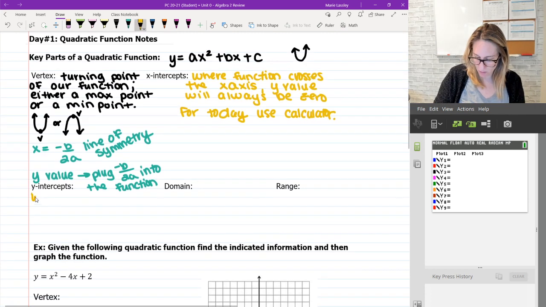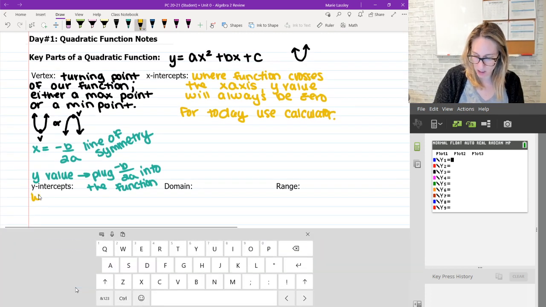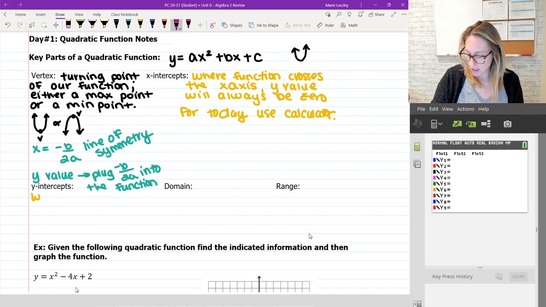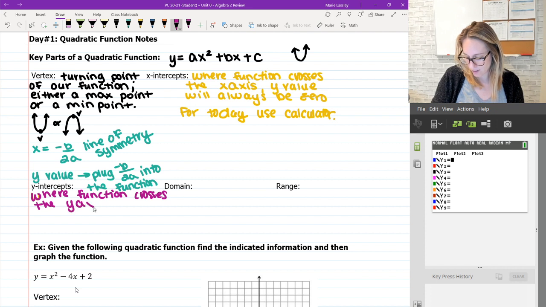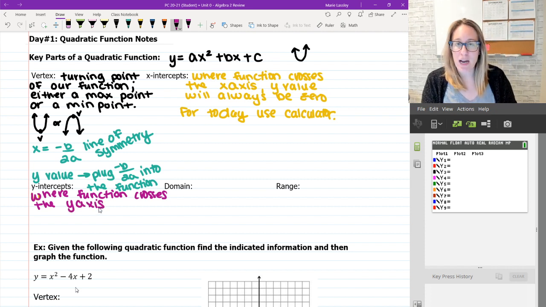All right, so this would be where the function crosses the y-axis. Now, if it's crossing the y-axis, that means the x value must be 0.